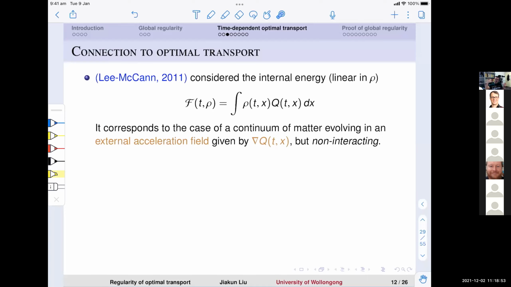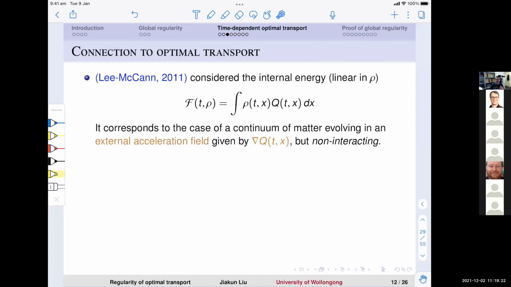That's a force coming from the exterior. However, it's not interacting. That means each star is not talking to each other; they are just moving by themselves. Different stars have different paths.